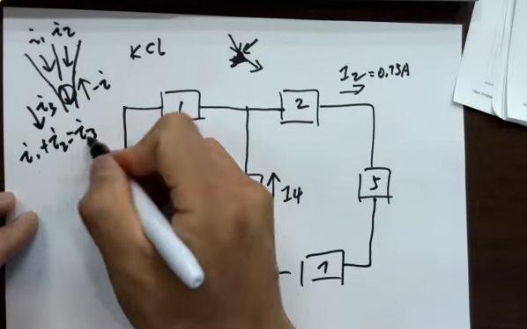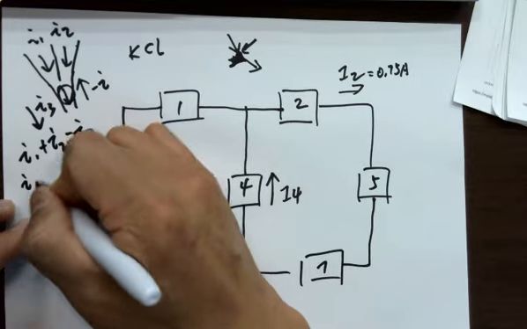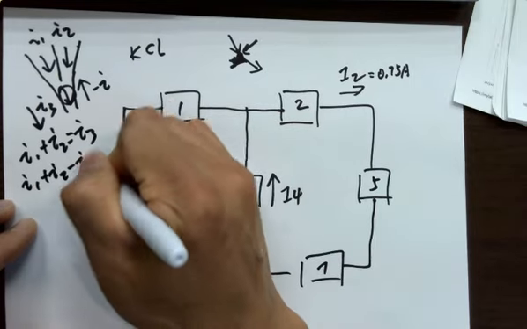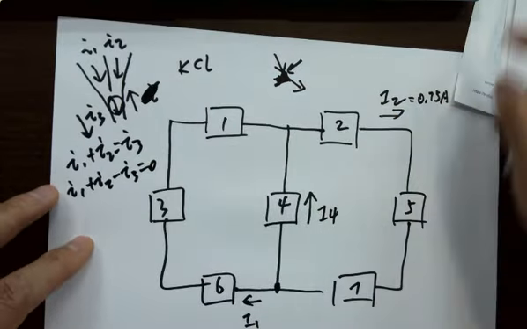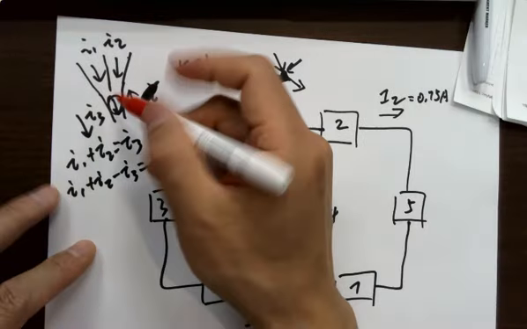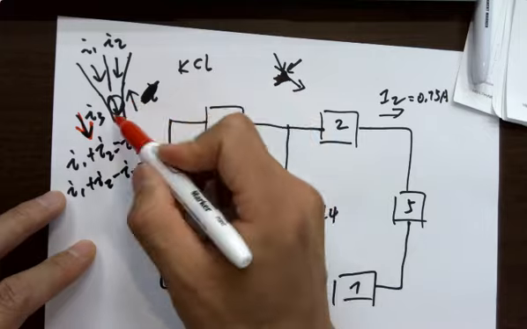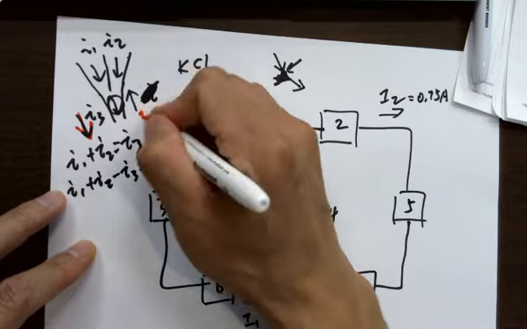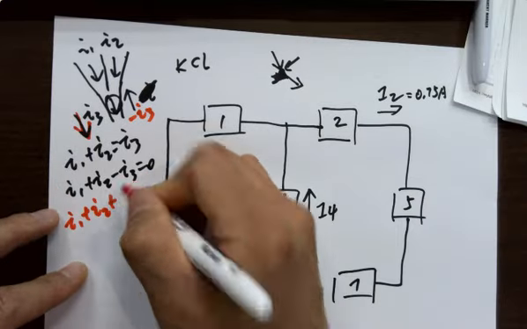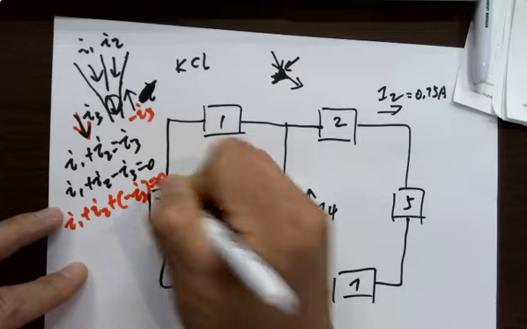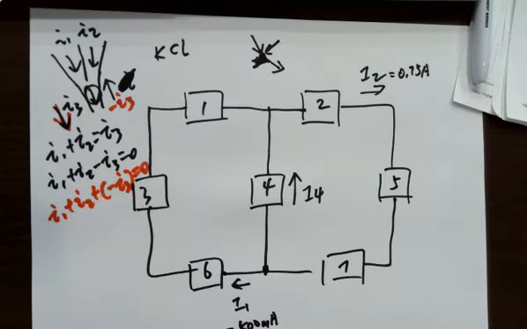If you move I3 to the other side, you get I1 plus I2 minus I3 is 0. That's why KCL is valid: minus I3 is actually flowing that way, so this is equivalent to I1 plus I2 plus minus I3, which is 0. That's how we verify KCL: the currents flowing into the node sum to 0 because some of them are flowing out. Flowing in equals flowing out.